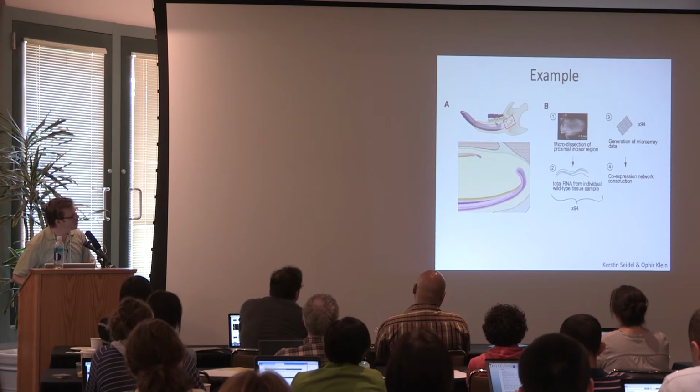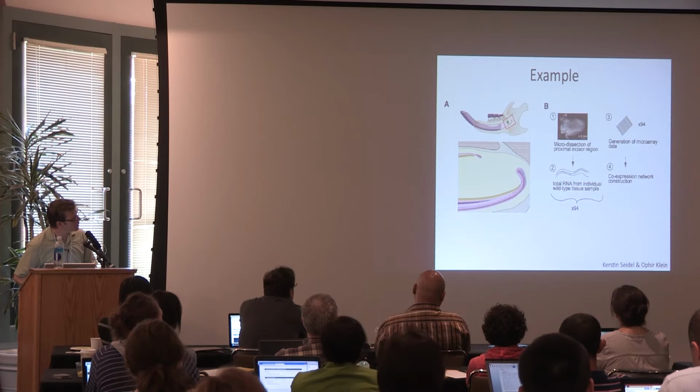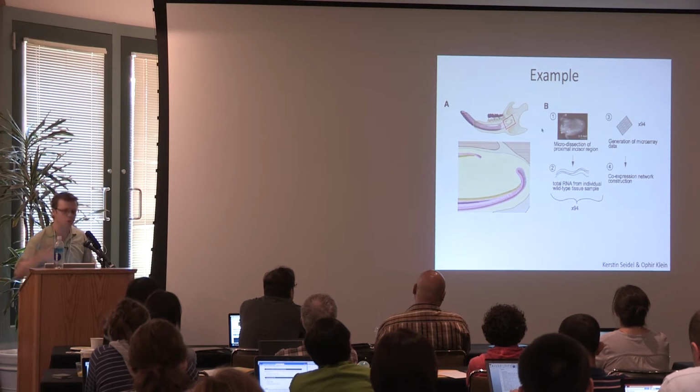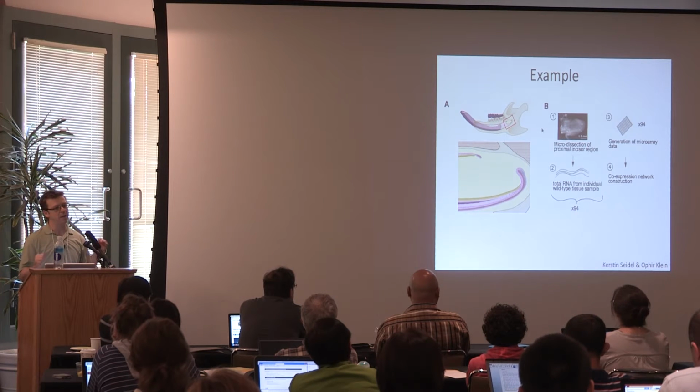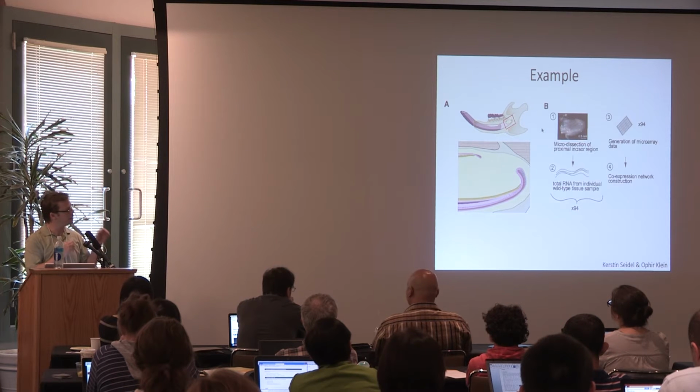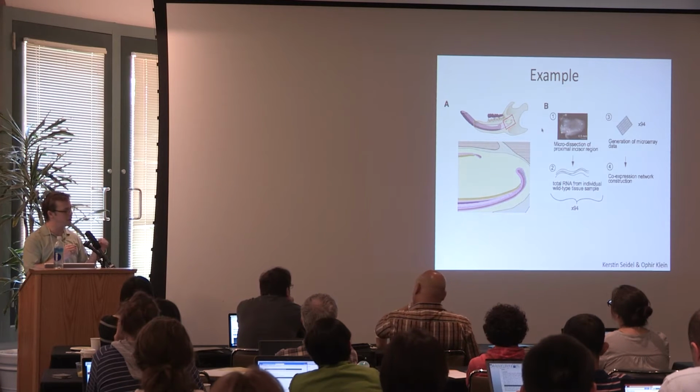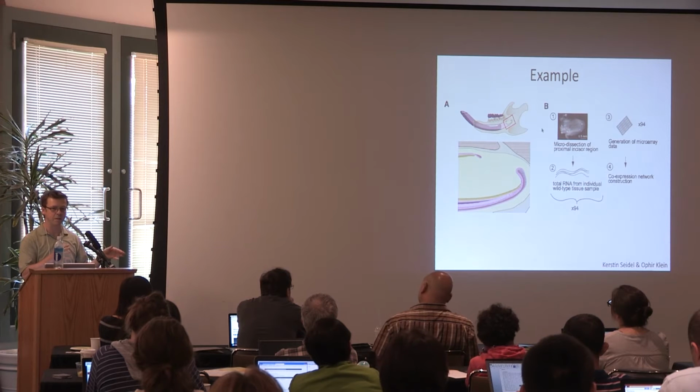So, with the help of Kirsten Seidel, who's Ophir's postdoc, she dissected 94 mouse incisors, this area corresponding to the red box, extracted total RNA from every sample, and we ran Illumina microarrays, and then performed a co-expression analysis. And we did, in fact, find very interesting modules corresponding to major cell types in this region of the mouse incisor, and also related to the stem cells that inhabit the niche.